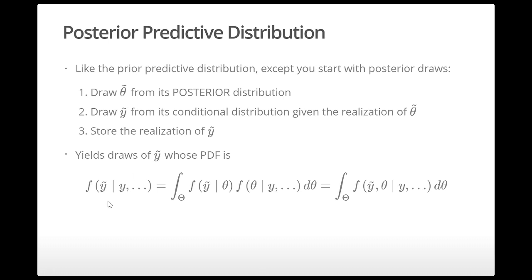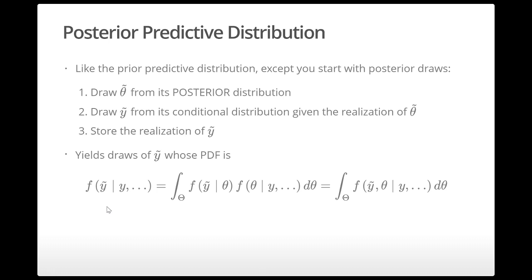So this is a density function for future outcomes, conditional on past outcomes and whatever prior information you put into it, and can be thought of as the integral over the parameter space of the conditional distribution of the data given the parameters, weighted by the conditional distribution of the parameters given past data y.